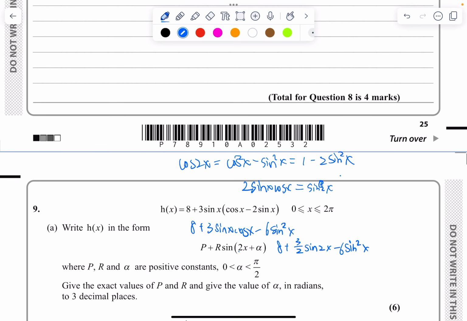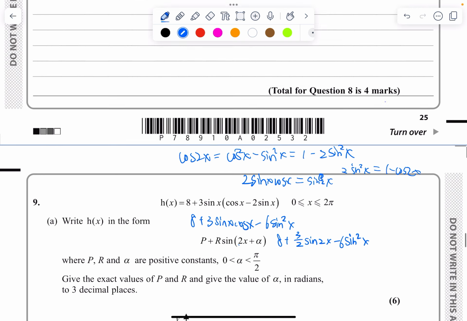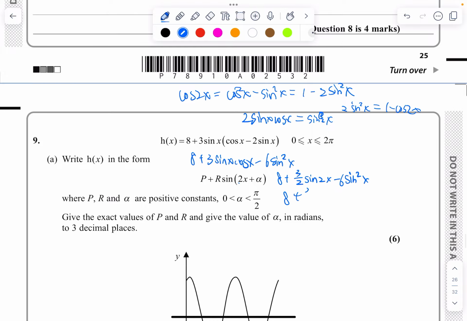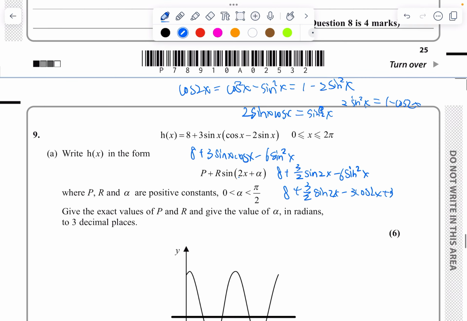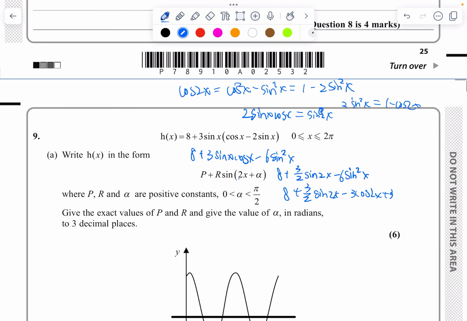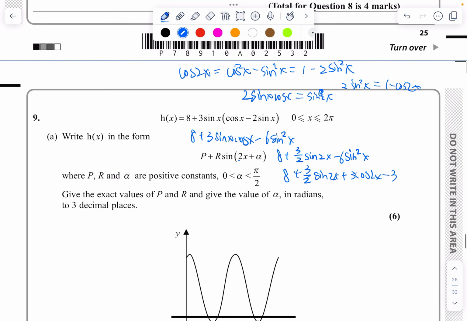So that means 2 sine squared x actually equals 1 minus cosine 2x. So that means this thing can be turned into 3 cosine 2x plus 3. Yeah, I did that the wrong way. Plus and then minus.